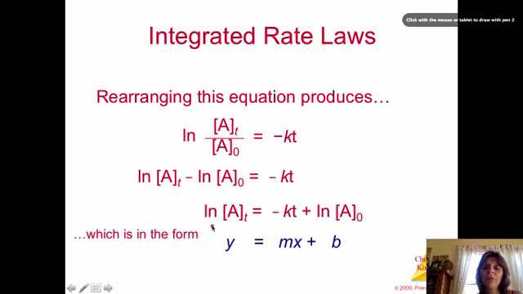Rearrange that, and hopefully you can see that this is a linear equation version of y equals mx plus b. So the natural log of the concentration at the time you want to know equals negative k, as your slope, times t, plus the natural log of the initial concentration.